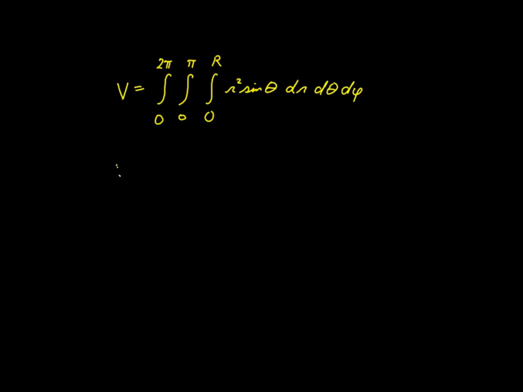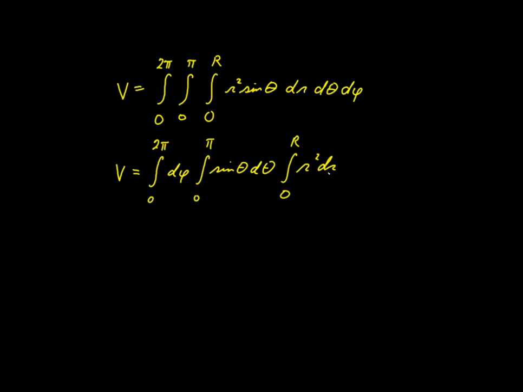So we can say that v is equal to the integral of d phi, the integral of sine theta d theta, and the integral of r squared dr, putting the limits back on it like this. So all I've done here is you can see that this factor of d phi doesn't depend on r or theta, so it can move all the way out here. Sine theta and d theta can move here and leaves us with just r squared dr here.